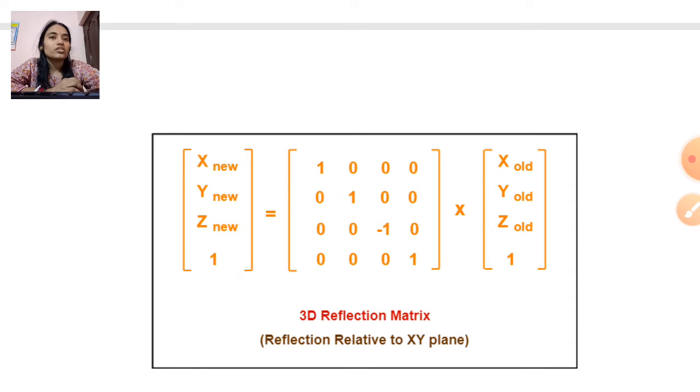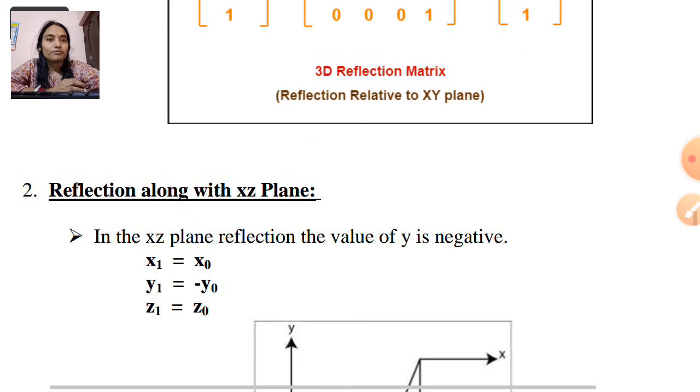That means x new, y new, z new, 1 equals the matrix 1 0 0 0, 0 1 0 0, 0 0 minus 1 0, 0 0 0 1. Here minus 1 means the z position is negative, multiplied by x old, y old, z old, 1. So this is our matrix for reflection relative to the xy plane. All of you remember this matrix form. This is very important to solve the problem.